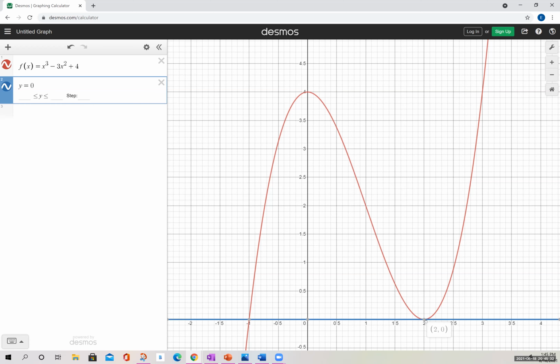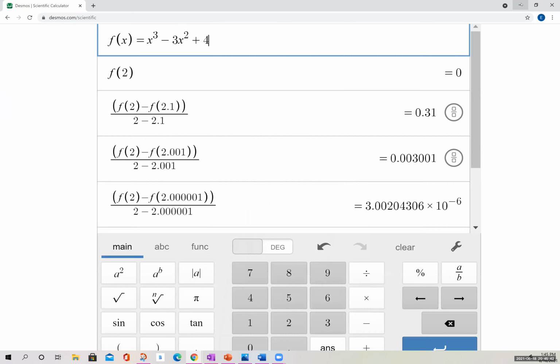So we have this value. I didn't find that equation of the tangent line yet. So let's go and do that because that's part B of this problem. I'm going to grab this.